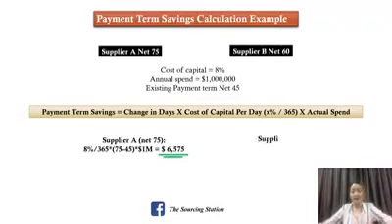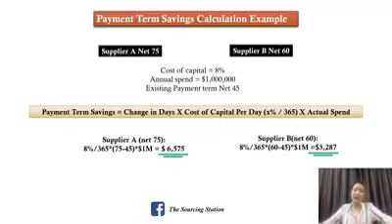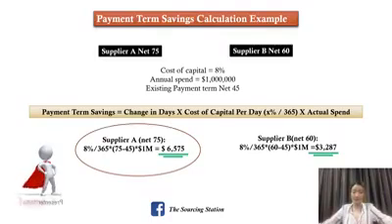And supplier B, on the other hand, will give us a savings of $3,287. So again, it is obvious supplier A is the winner by giving us this much of savings.